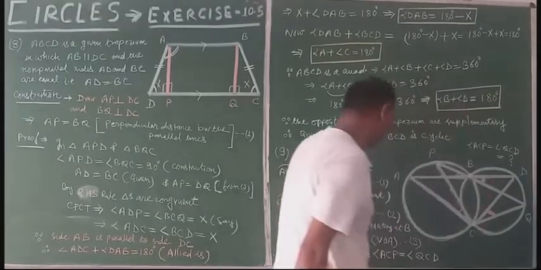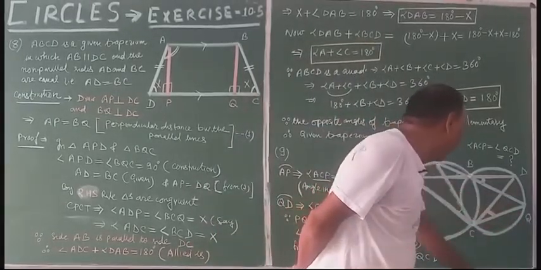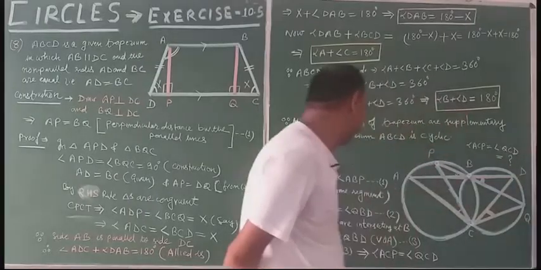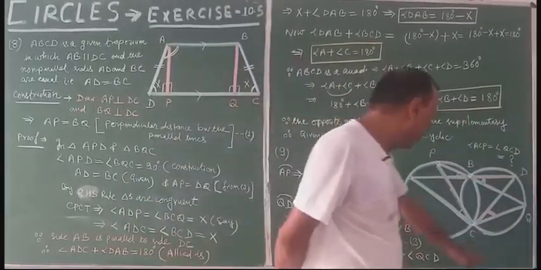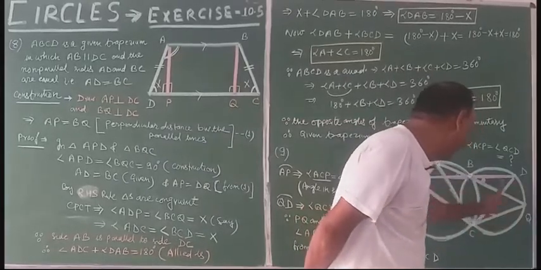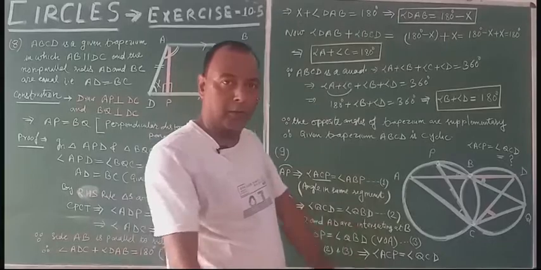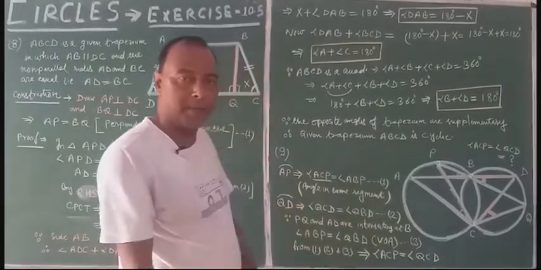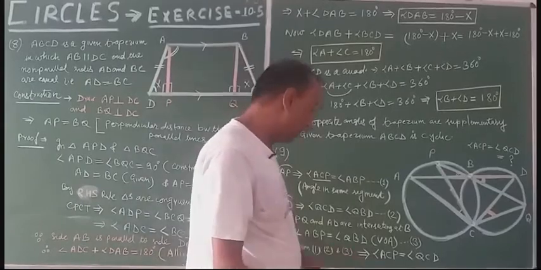Which one? QCD and QBD. Again, these two angles will be equal. Angle QCD and QBD, because they are also the angles in the same segment. Is it okay?